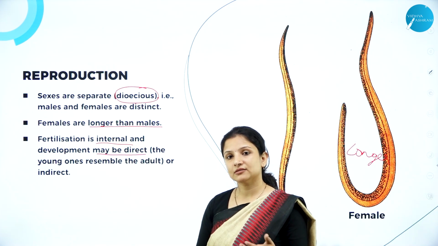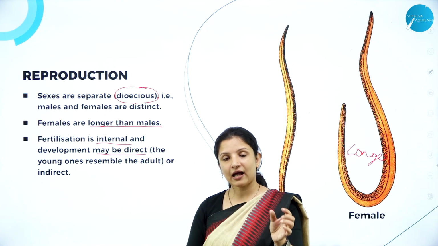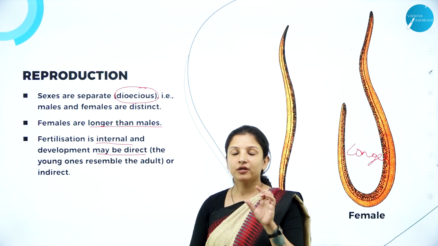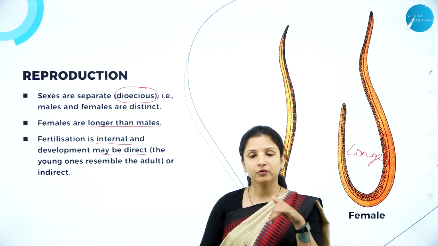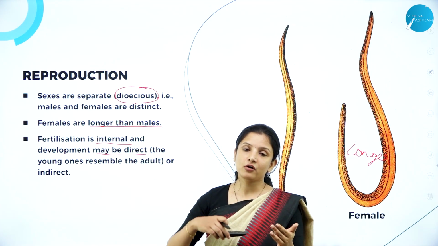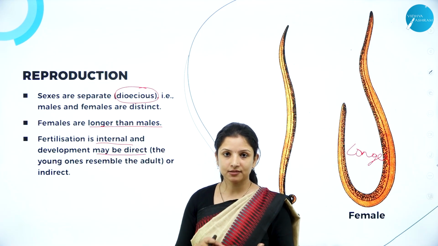Sometimes, or in some cases, in some of the organisms, it can be indirect also, wherein they'll have an in-between larval stage and then they will become an adult. In-between larval stage means that the larva will not look like an adult, but it will look as if it belongs to some other organism, but later on as they mature, they develop and look exactly like the adults itself.